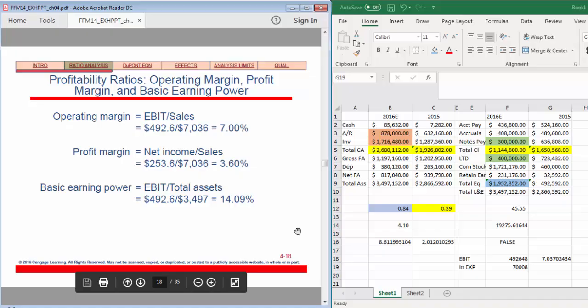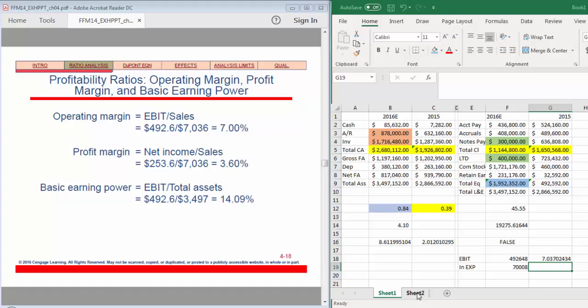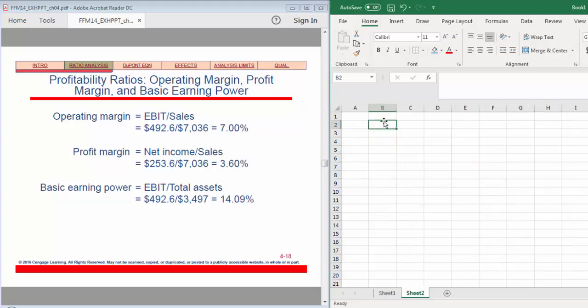Now let's look at the profitability ratios. Let me take another sheet. Profitability ratios primarily come from the income statement. You have the operating margin, profit margin, and the basic earning power.